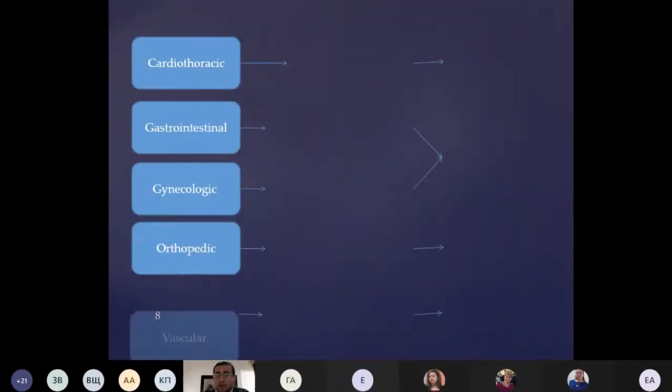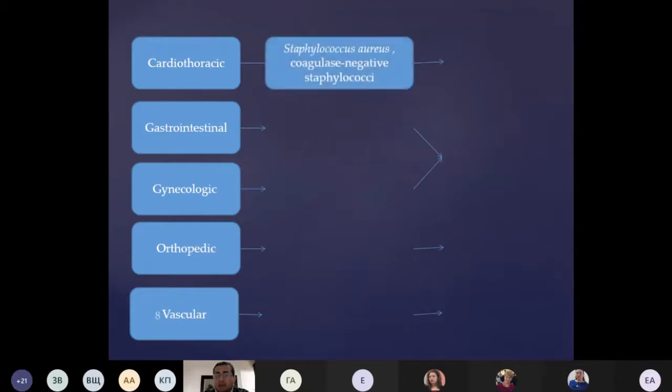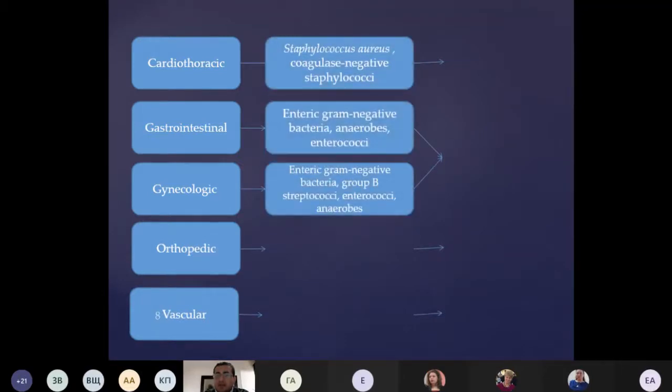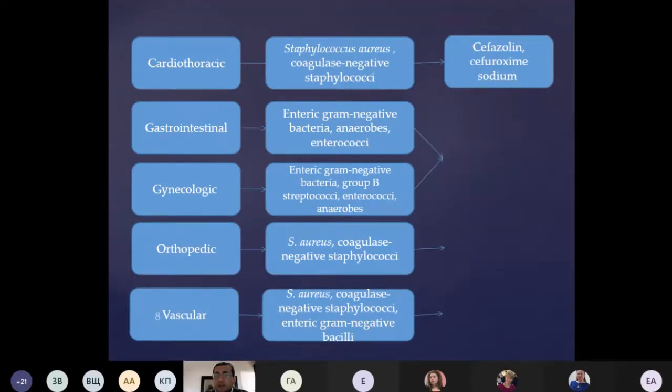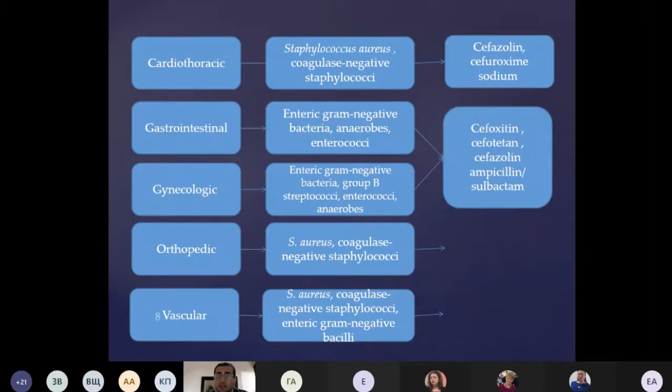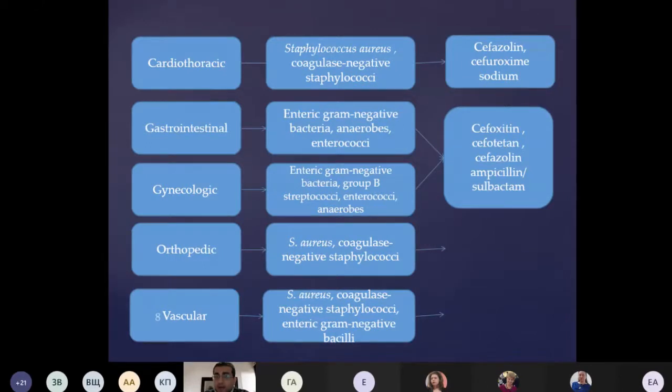For all types of surgery, we now look at the microorganisms and some selective antibiotics for each type. In thoracic surgery, for example, we can find in swabs Staphylococcus aureus or coagulase-negative staphylococci, so we can use cefazolin and cefuroxime sodium. In gastrointestinal and gynecological surgery, we can find enteric gram-negative bacteria, anaerobes, enterococci, group B streptococci, and other anaerobes.